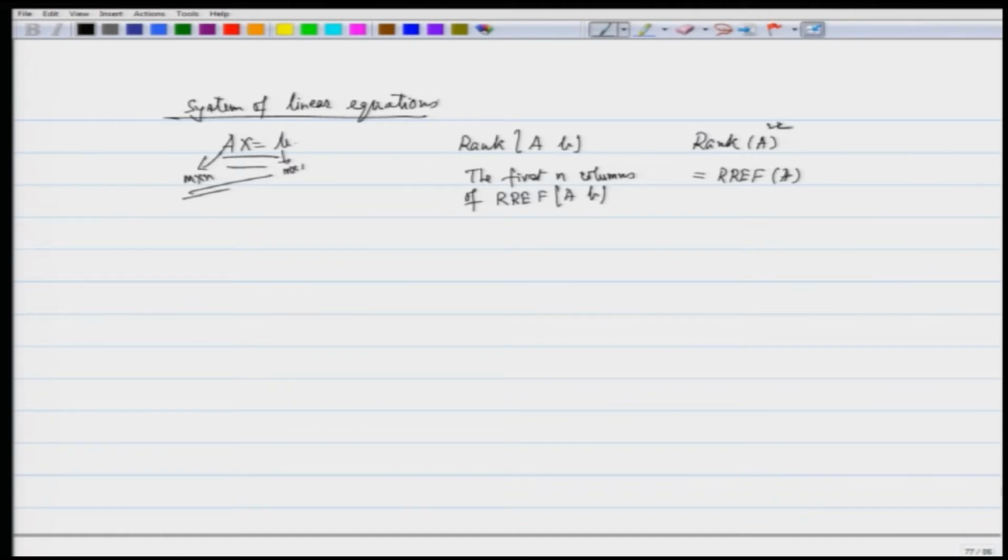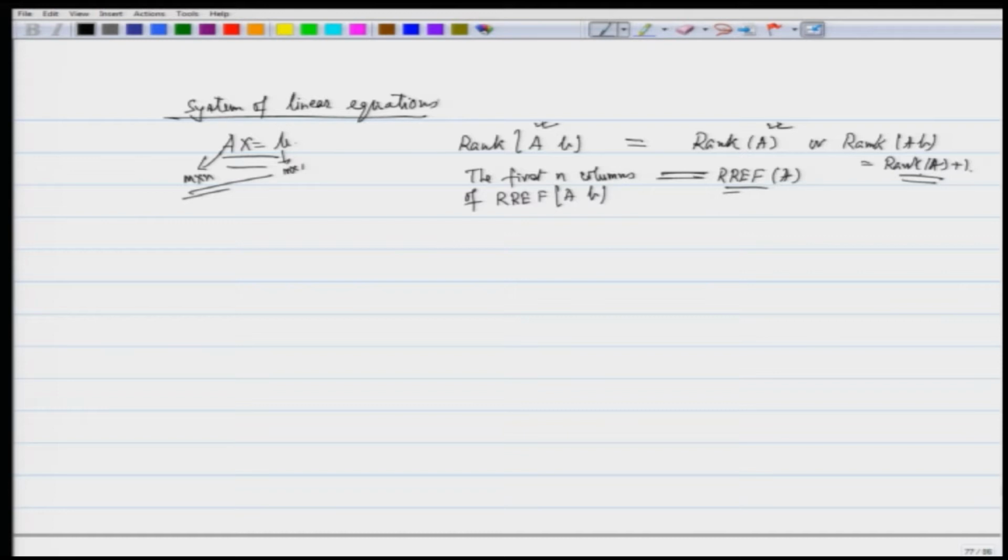Since A is nothing but the first n columns of AB, therefore, rank of A will have to come from RREF of A, which is nothing but what we know is that RREF of A will be equal to the first n columns of the RREF of AB itself, fine. So, therefore, rank of AB will be either equal to rank of A or rank of A plus 1, fine.